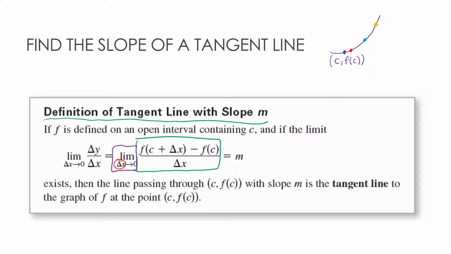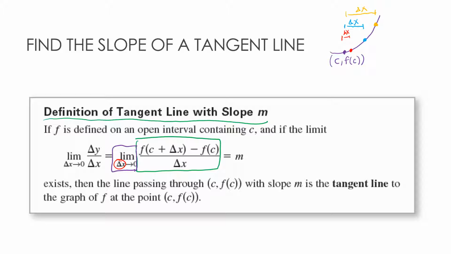So as delta x, which for my yellow point would be from here to here, would be the distance of delta x. For my blue point, it would be a distance from here to here. So as you can see, delta x is getting smaller. For my red point, this guy is delta x.